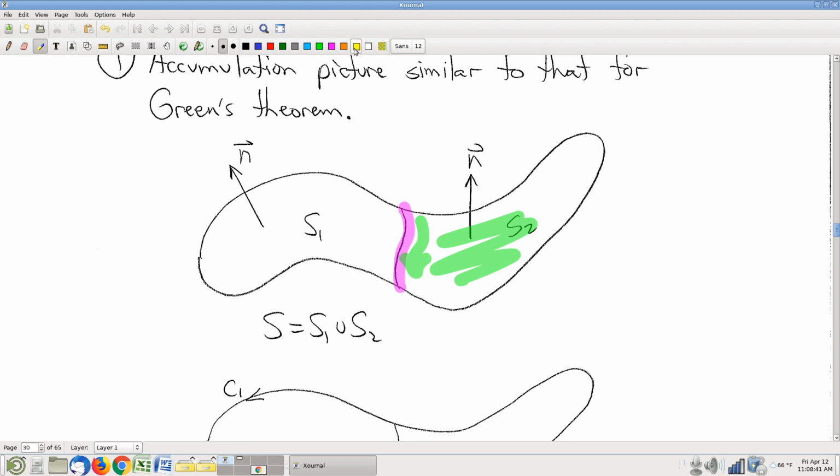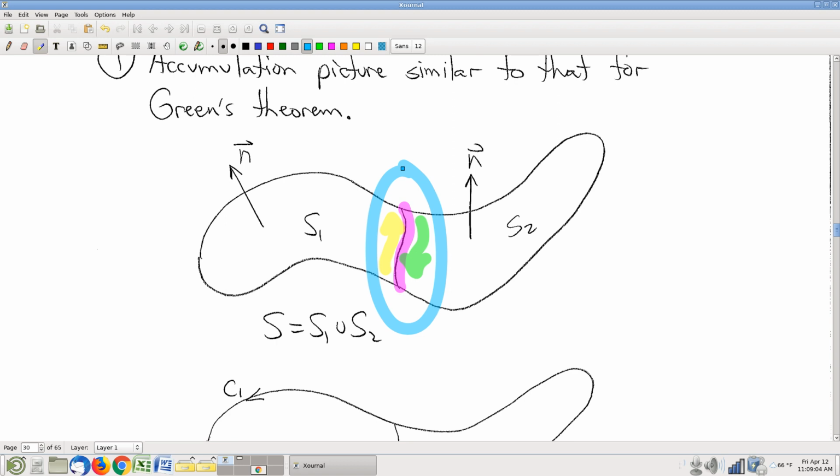Thought of as part of the boundary of this side, the orientation is that way. On that piece of curve, then, we're going to have two different line integrals along the exact same curve with exact opposite orientations. And so they cancel.